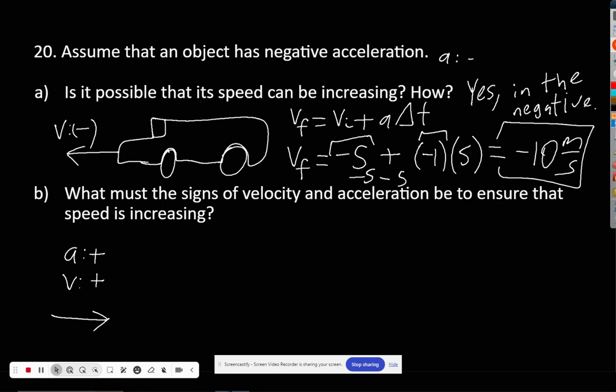So to answer the question, as long as your velocity and acceleration are the same sign, both positive, both negative, then you will be speeding up. It's only when they have a disagreement, one's positive, one's negative, they kind of butt heads, and that causes things to slow down.